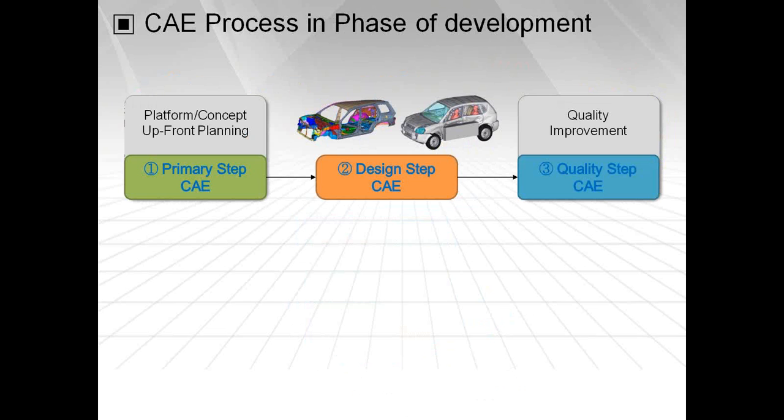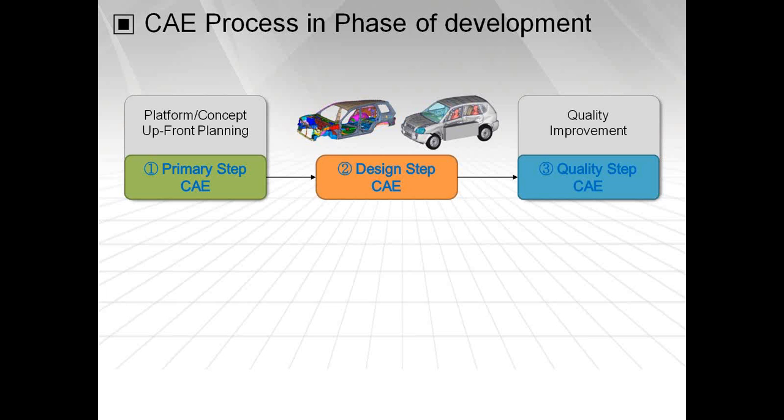So the CAE process of a car is quite complex, so I decided first to talk about these 3 phases where CAE is needed. The first part is what we call primary step CAE. So it is kind of upfront CAE, which is made when you're planning the project of the car, in order to have a first view of what will happen for this design.